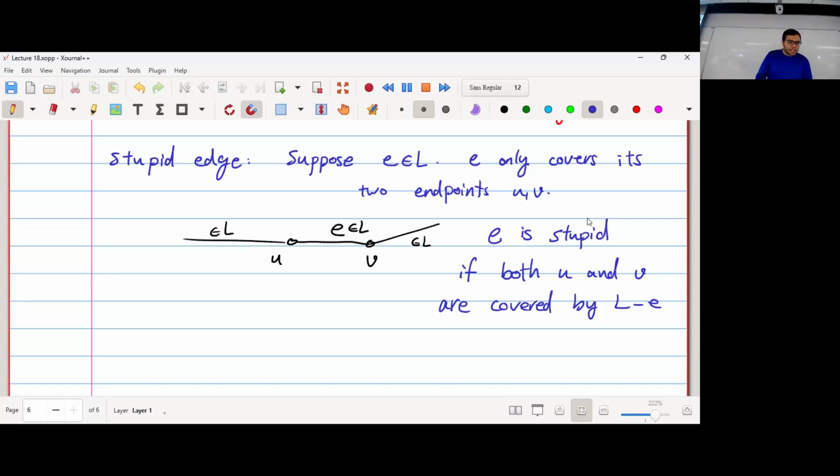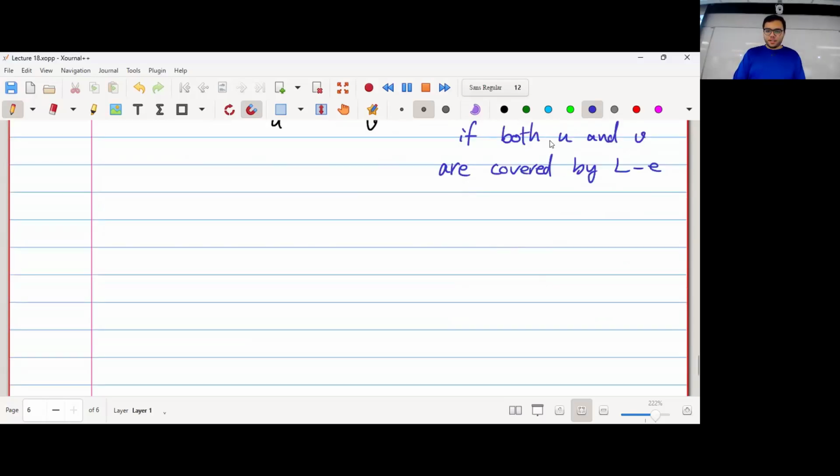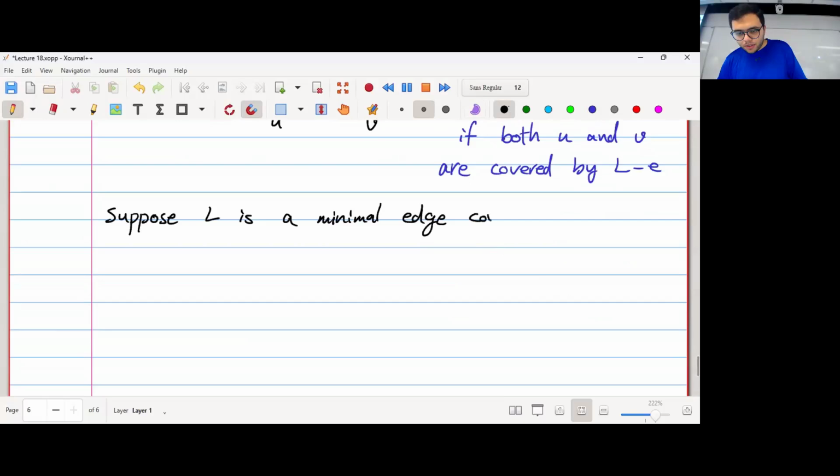Now, what can I say about that edge cover? I'm saying suppose L is a minimal edge cover with K edges.